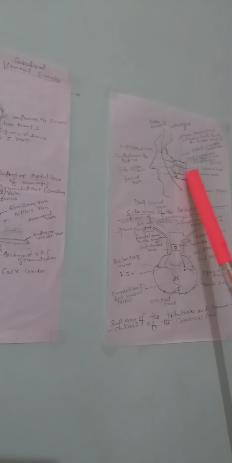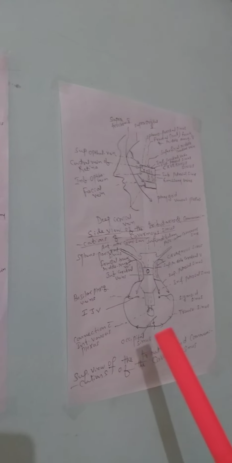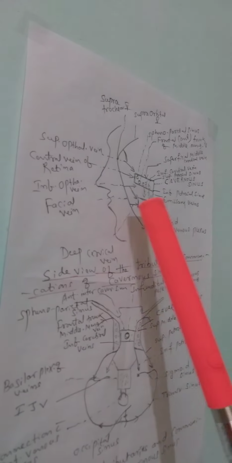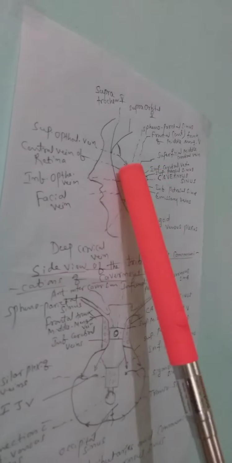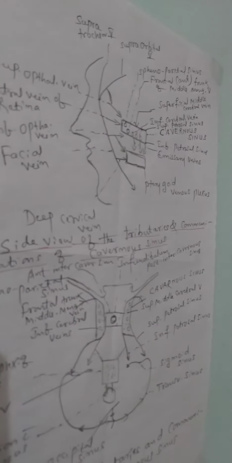Now the intercavernous sinuses. You know the cavernous sinuses are present on either side. You can see the cavernous sinus here. Between the cavernous sinuses there are intercavernous sinuses.